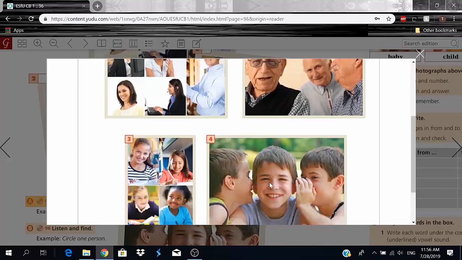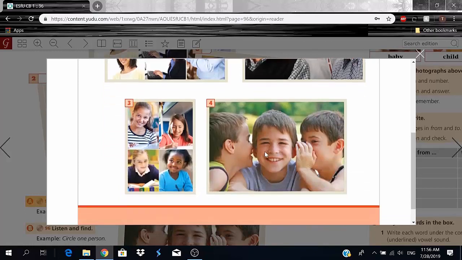Then we have a boy. This is a boy, a male kid. A girl. All these are girls. A child. A child is a small kid. These are children. So the plural of child is children.